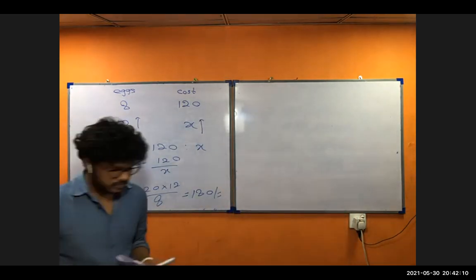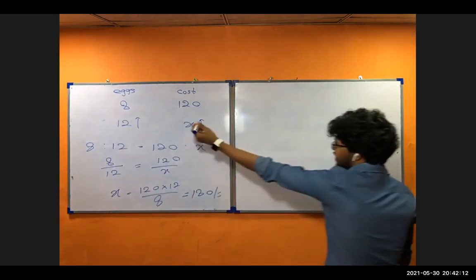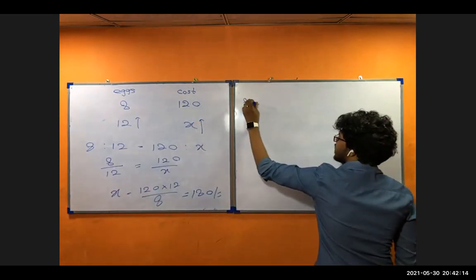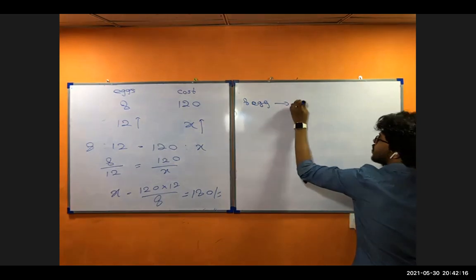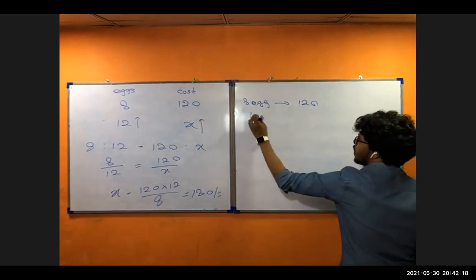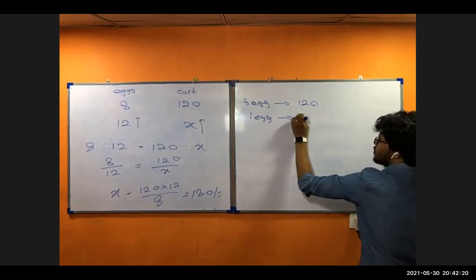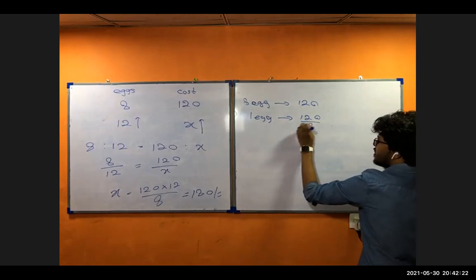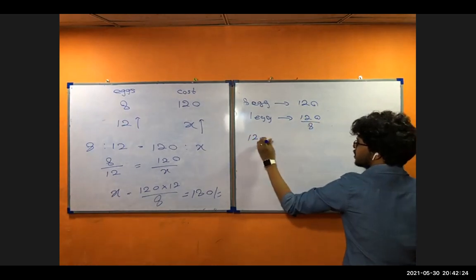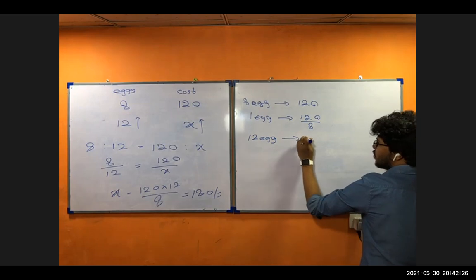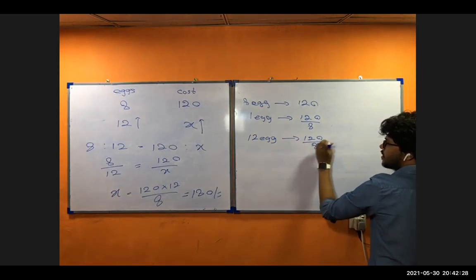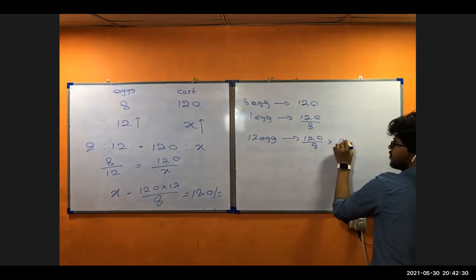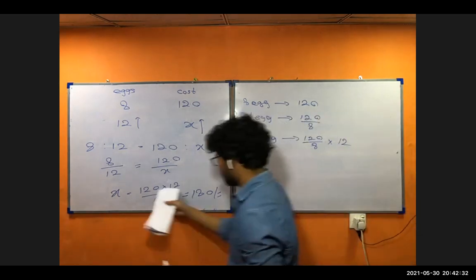So 8 eggs means 120 rupees. So 1 egg is how much? 120 divided by 8. So 12 eggs means 120 over 8 into 12, right? Same answer.